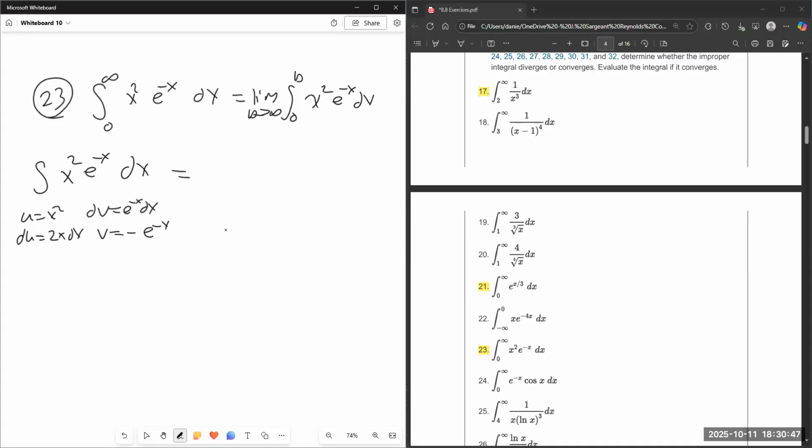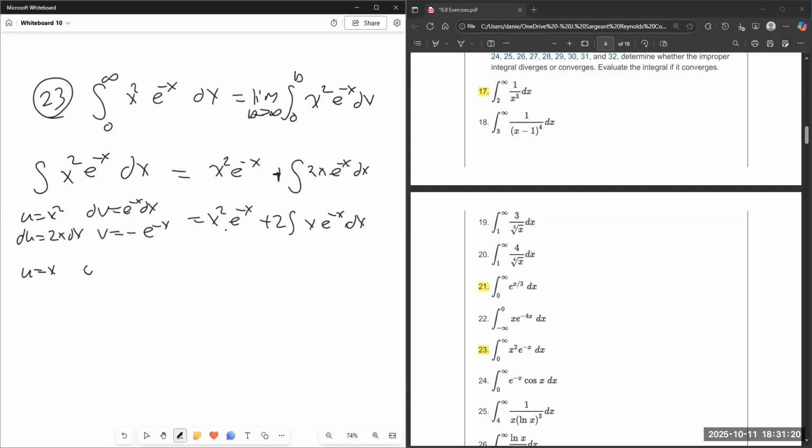So uv is, sorry, it's x squared e to the negative x minus the integral of v du, which is 2x e to the negative x dx. So that's equal to x squared e to the negative x plus 2 times the integral of x e to the negative x dx, and we'll integrate by parts again.